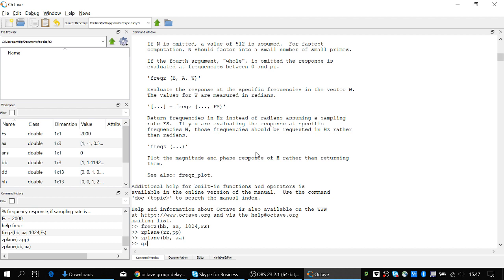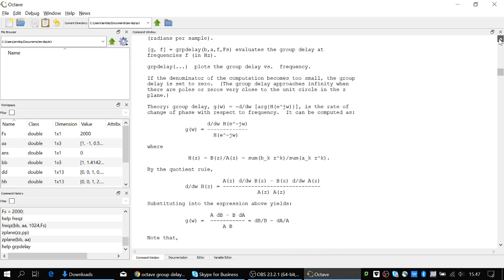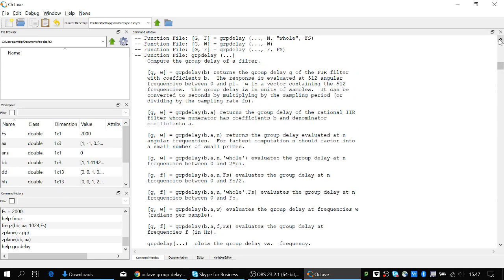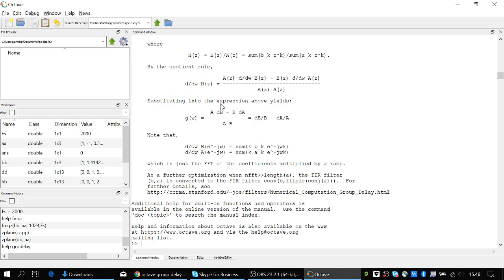Check the MATLAB if it gives the help on that one. Usually the functions are quite similar. Number of samples and then sampling rate. So we call it quite similarly. So let's put it here.